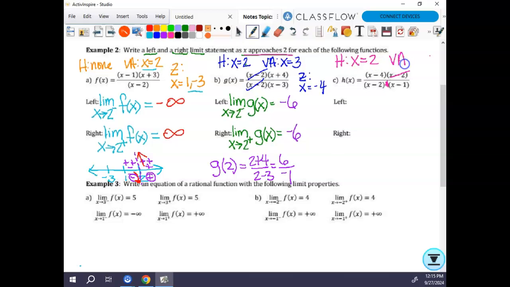Then I look for vertical asymptotes. And I have 2 things down here, so I have a vertical asymptote at x equals 2 and one at x equals 1. Now, can I have a hole and a vertical asymptote at the same spot? No. Which one always wins? Very good. So we just mark that guy out.